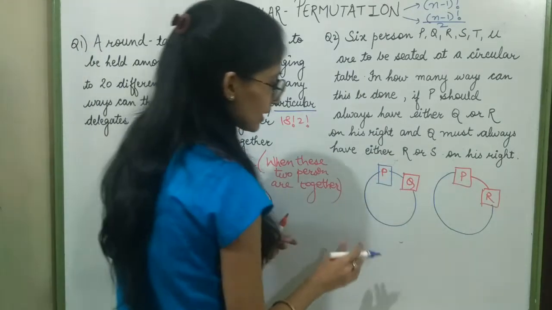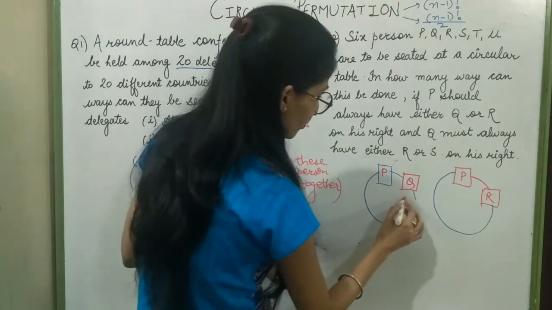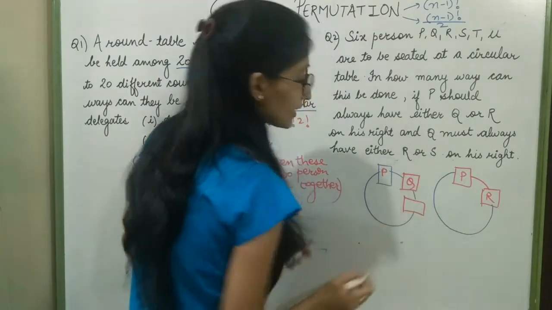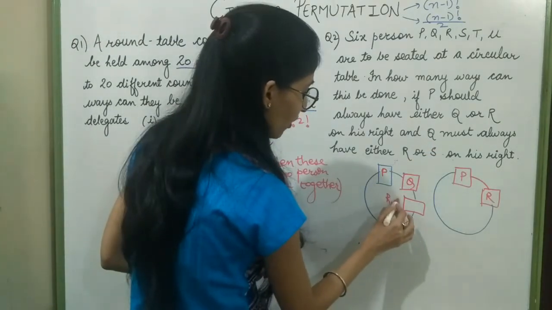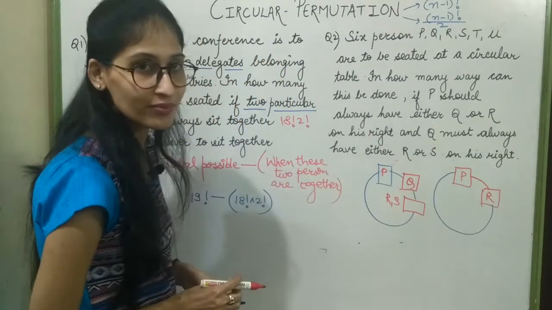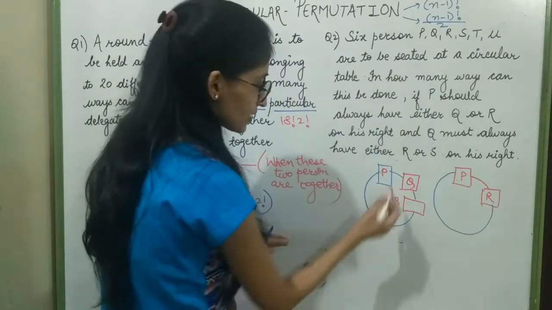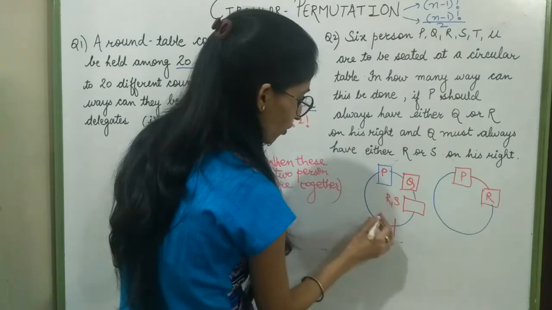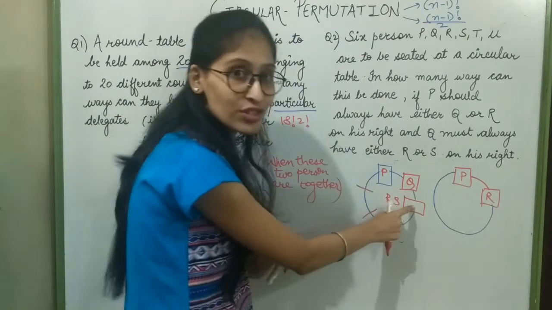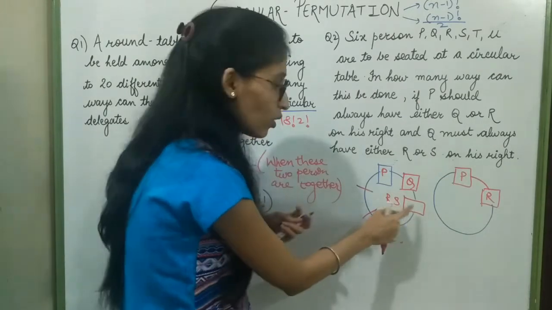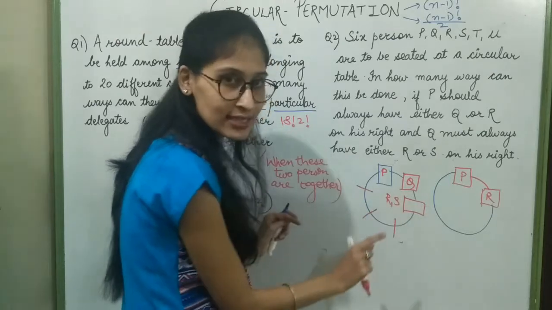So in this case, on the position next to Q, there are two possible options, either R or S. For my first case, total persons are 6: 1, 2, 3, 4, 5 and 6. At the position to the right of Q, only two ways are possible, either R or S can sit.